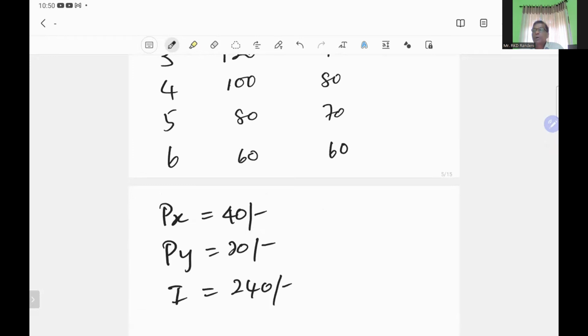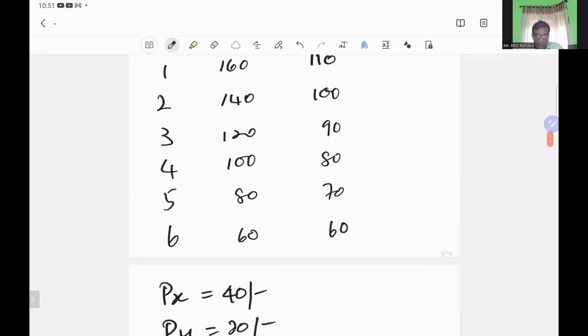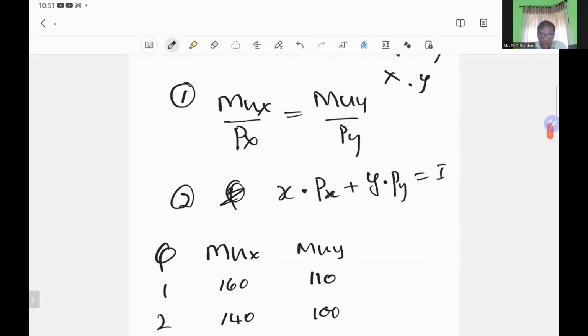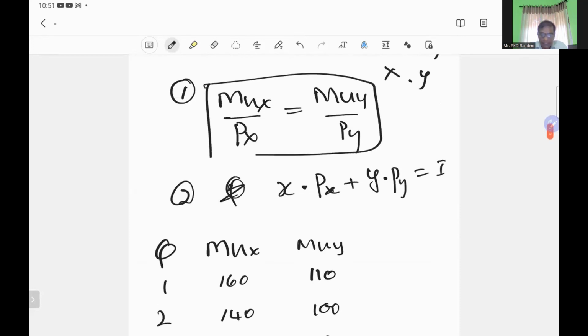Then you have to calculate the utility maximization commodity bundle, that is, how much from X and how much from Y at the utility maximization point.